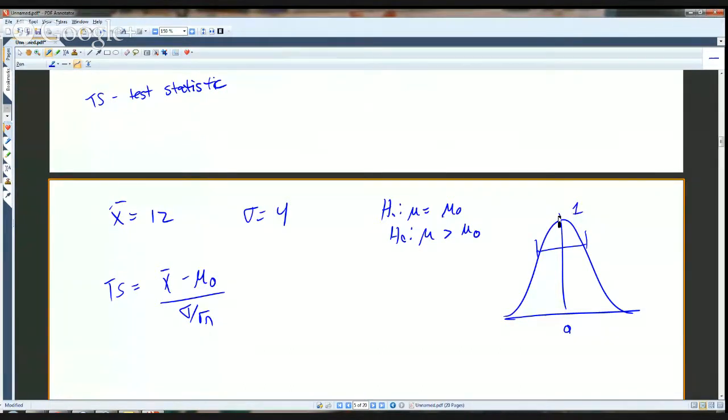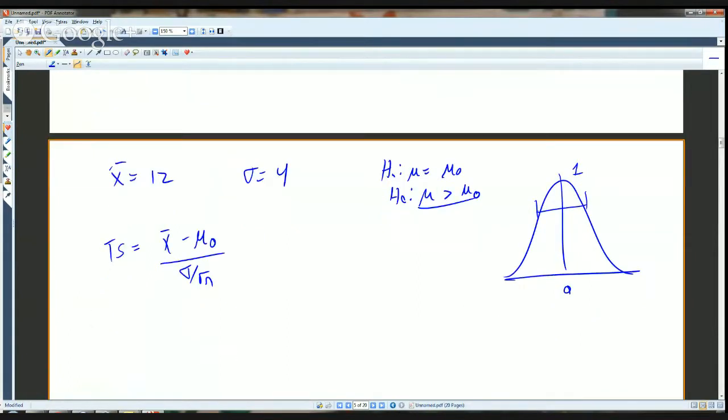So we want to reject under... we want to find, let's see, the quantile that we're interested in here is 1.645. That's our standard normal.